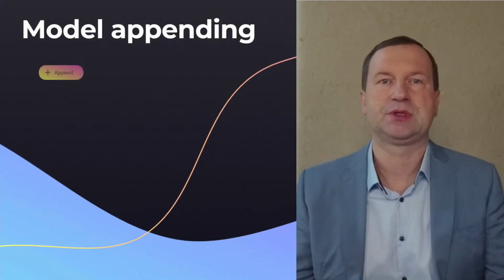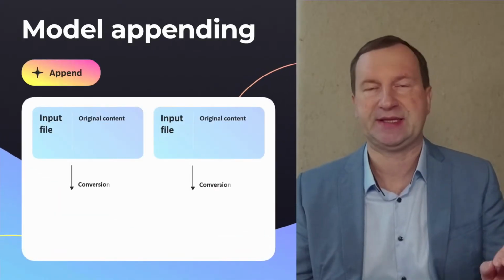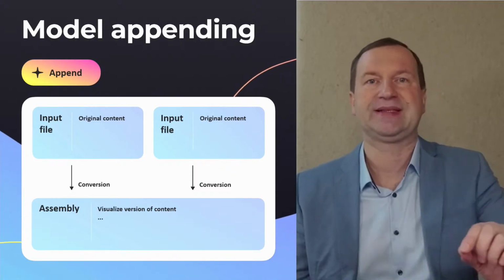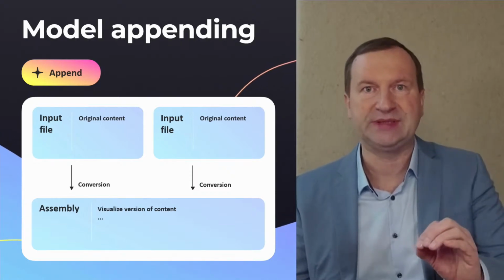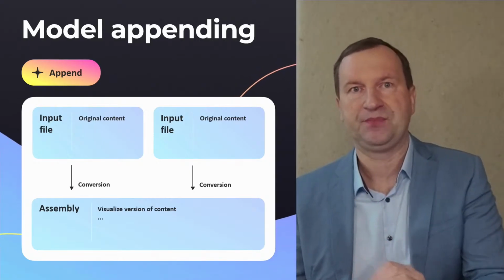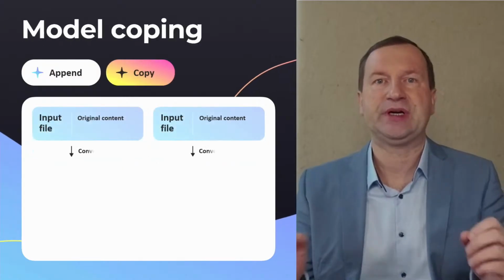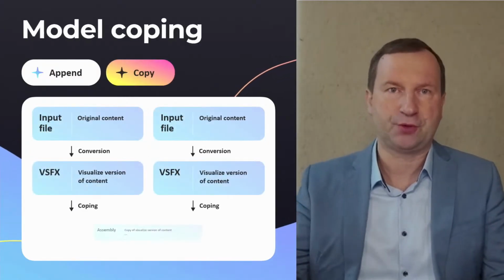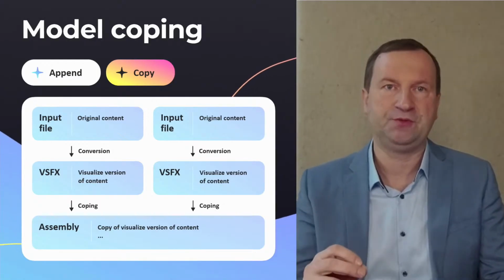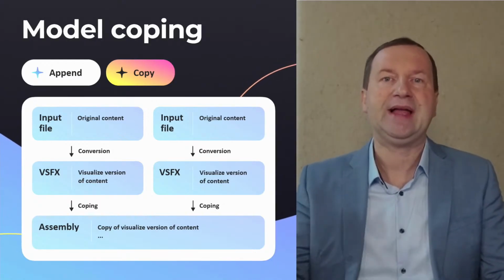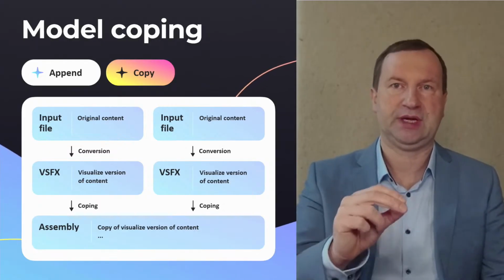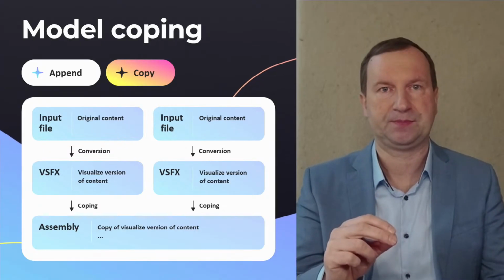The first method used the TV database append function, which reads an original file, converts its contents to the Visualize format, and stores it in the existing Visualize database. The second method separated data conversion from assembly creation. In the first step, input files were converted to VSFX files, and in the second step, you manually copied the VSFX file content into the assembly database.